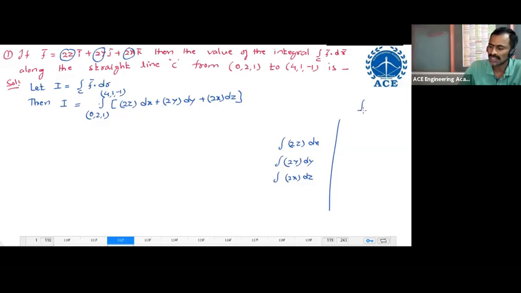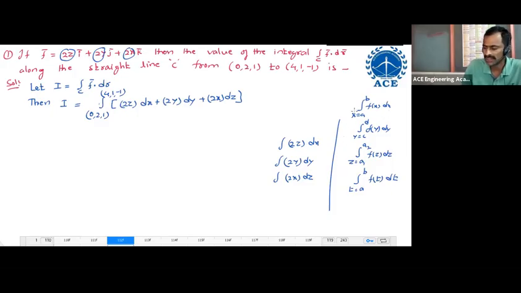Single is like this: integral x equal to a to b f of x dx, or integral y equal to c to d f of y dy, integral z equal to a1 to a2 f of z dz, or integral t equal to a to b f of t dt. All these are ordinary definite integrals only.